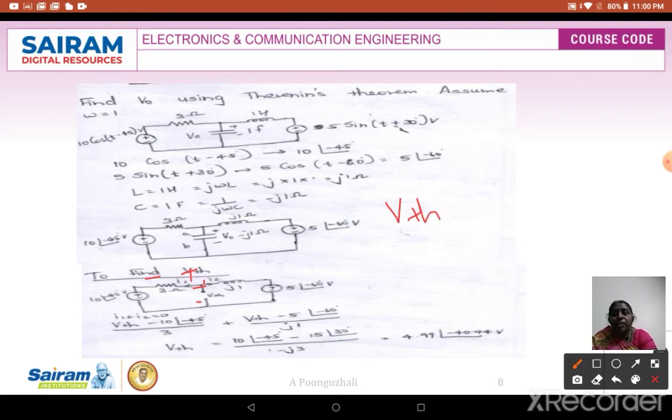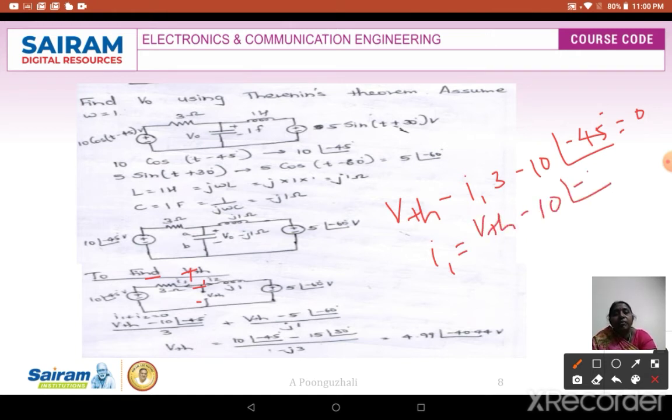So plus to minus is going to be minus I1 into 3. So here in this case plus VTH minus 10 phase angle minus 45 is equal to 0. So from this we can find out what is I1. So I1 is equal to VTH minus 10 phase angle minus 45 divided by 3.